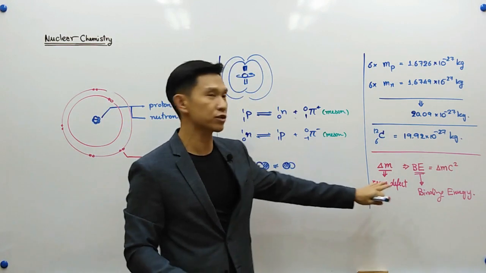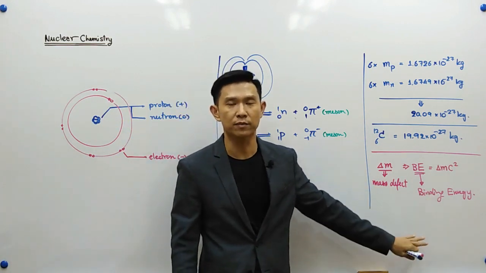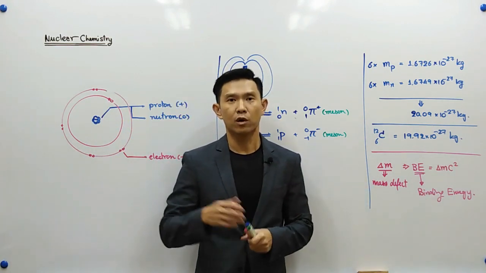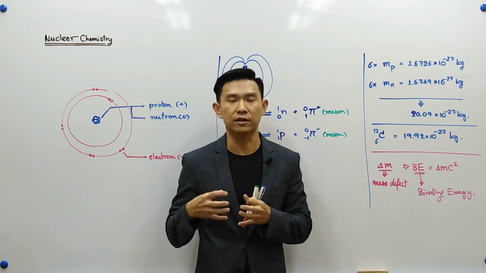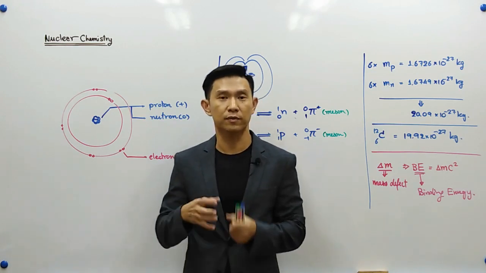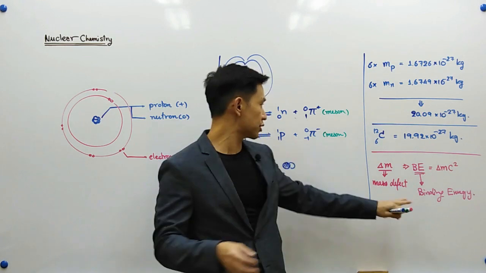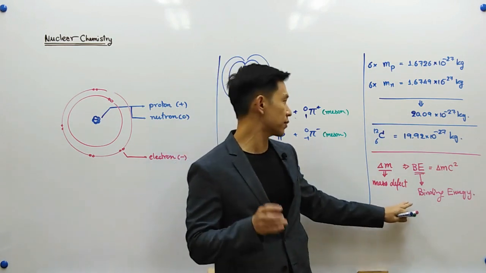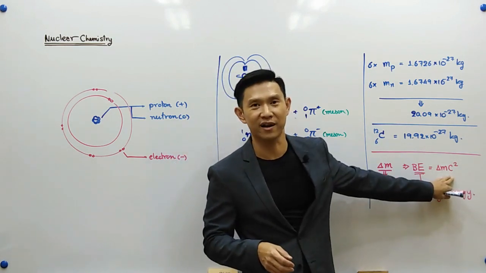And this is a very huge amount of energy. It has to be at least enough to overwhelm the electrostatic repulsion of the protons, of the positive charge in the nucleus. So this is very huge. If you don't believe that, you just multiply with c squared, right?